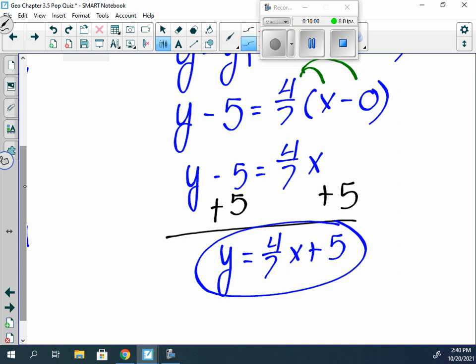Now, if it was 5x, we would add it. If they both have x, then we will add them. But if they don't have the same variables attached to them, we can't combine them. They're not the same. That's the answer. Questions on this here? We ready for the next one?